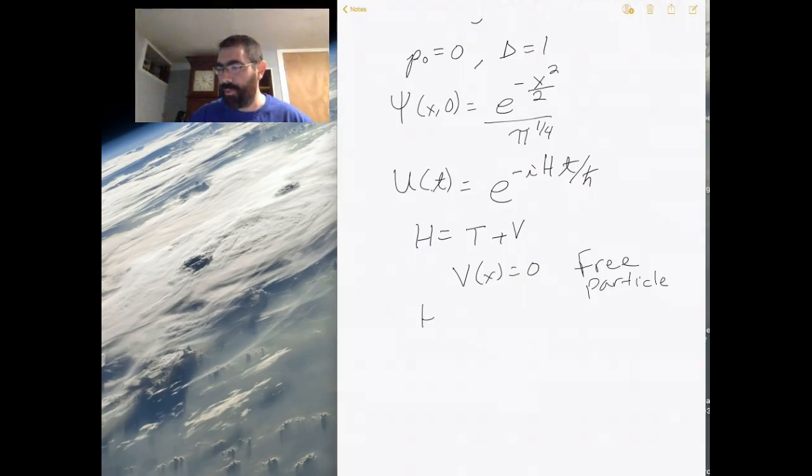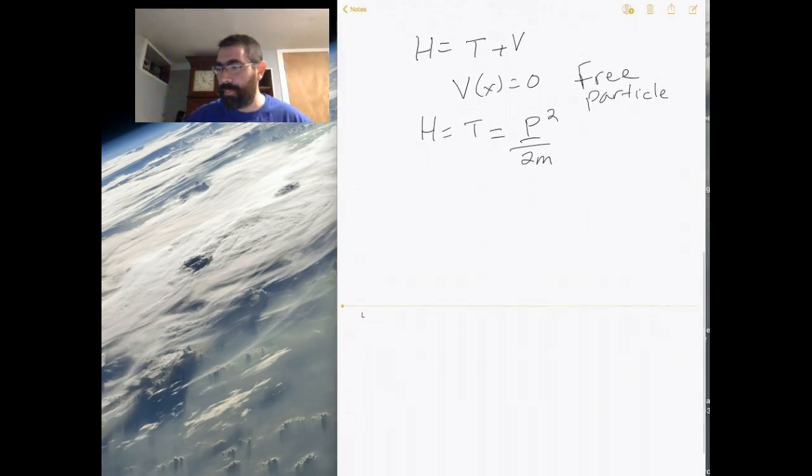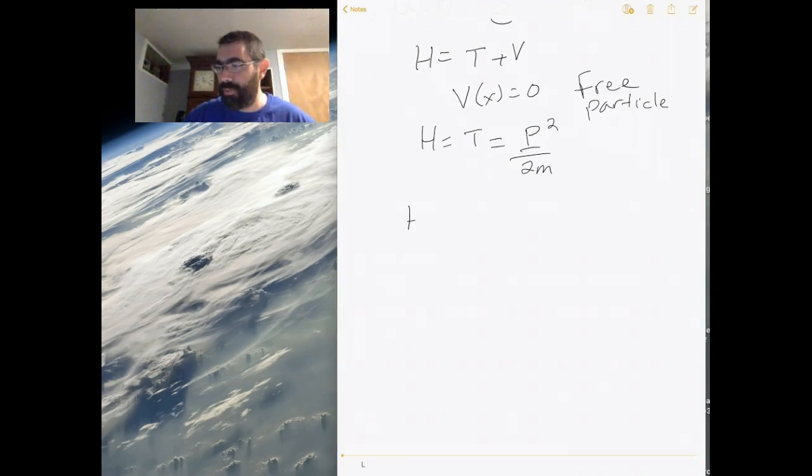Then the Hamiltonian is just the kinetic energy, and in operator form, that's momentum squared over 2m, and in the position basis, that is minus i h bar derivative with respect to x, squared, divided by 2m.